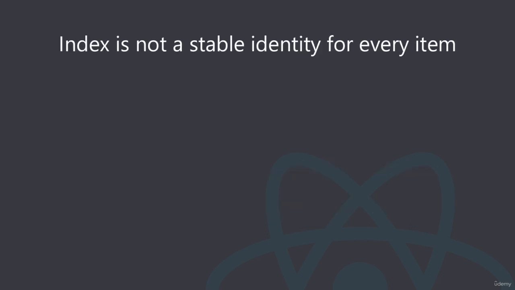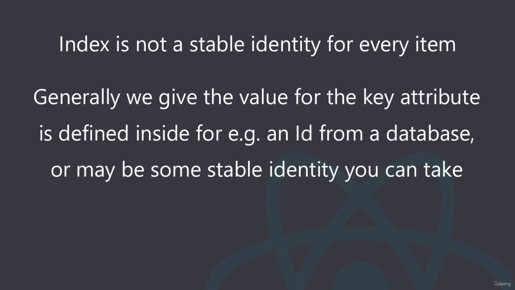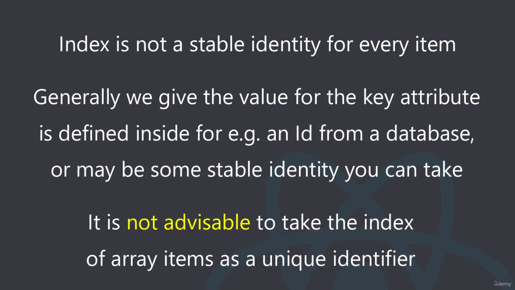Index is not a stable identity for every item. So generally the value for the key attribute is defined from, let's say, an ID from a database, or maybe some stable identity you can take. So the answer is it is not advisable to take the index of array items.